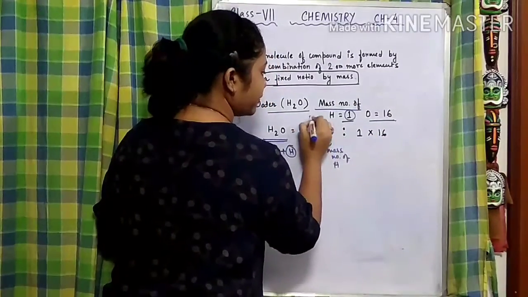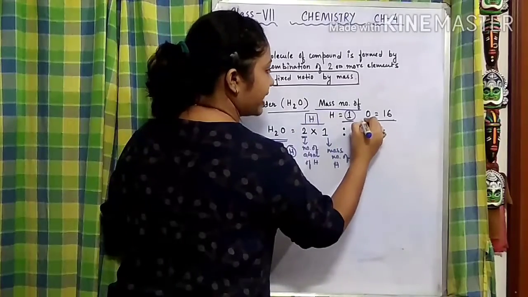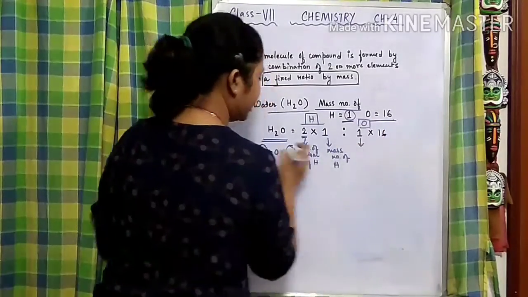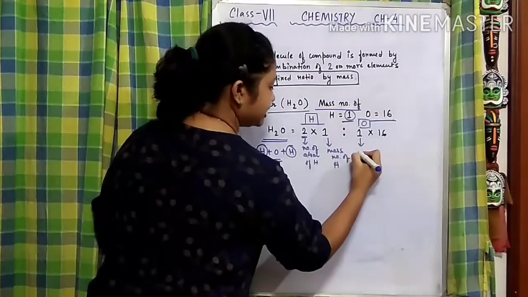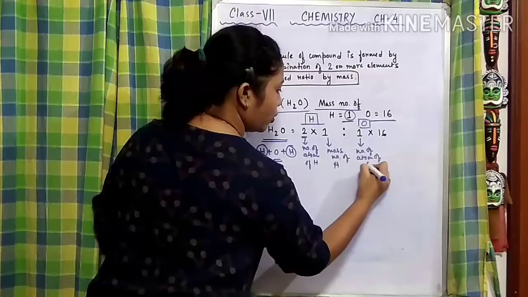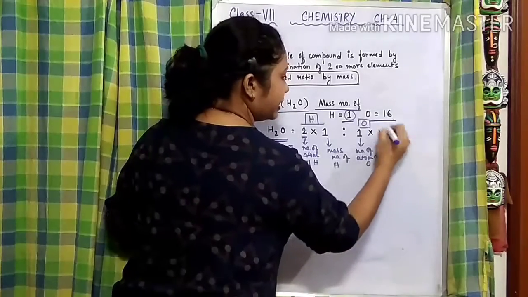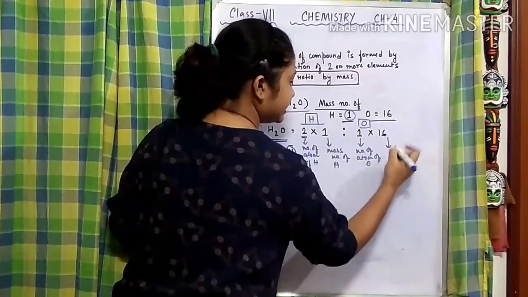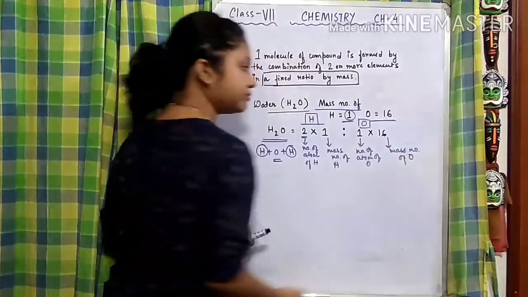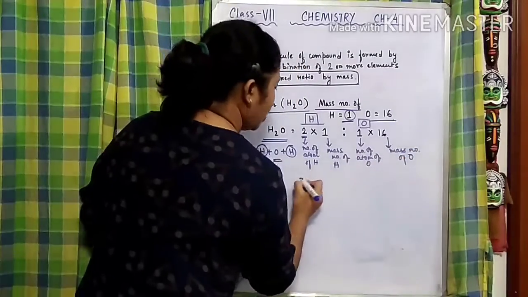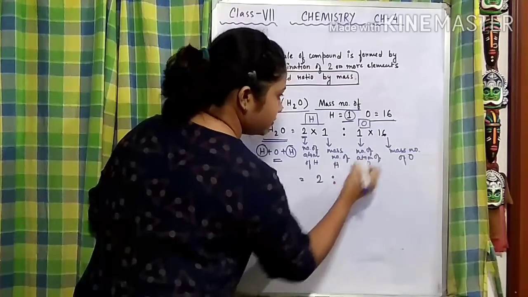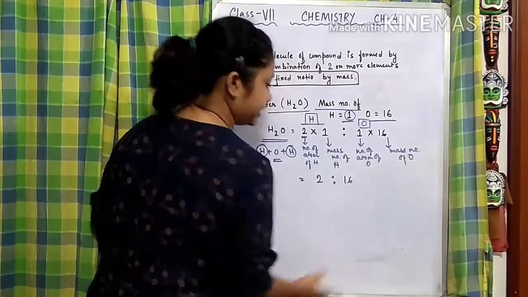So the first panel is for hydrogen, the second panel is for oxygen. Here one atom of oxygen is present. So the number of atoms of O is multiplied with the mass number 16 of O. Right. So from here, 2 ones are 2, 16 ones are 16.